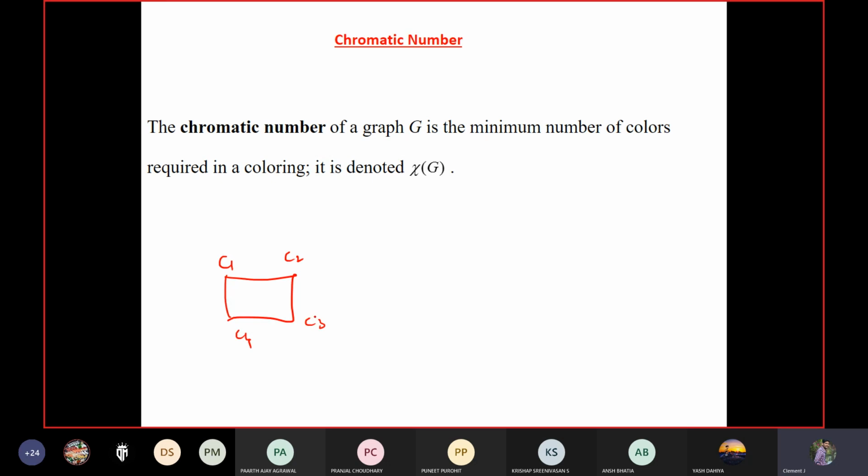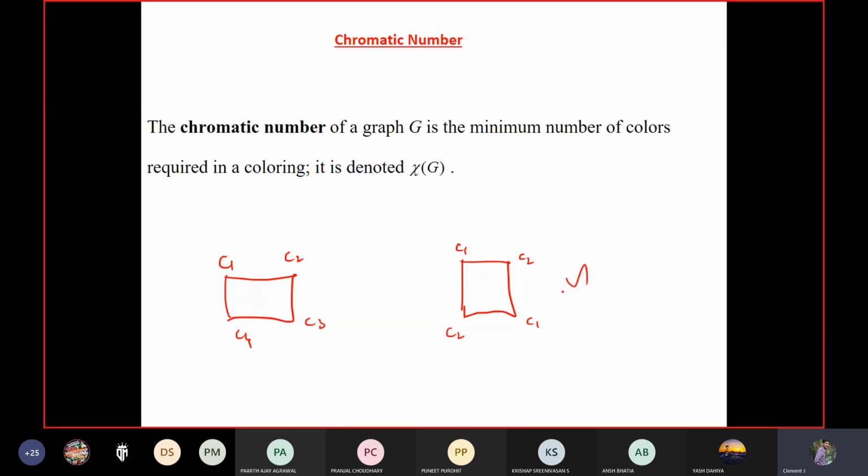Next, let me enter into chromatic coloring. Here I can write C1, C1, C2, and then C2. This also follows the same condition of proper coloring, but it reduces the number of colors you are applying in the graph.